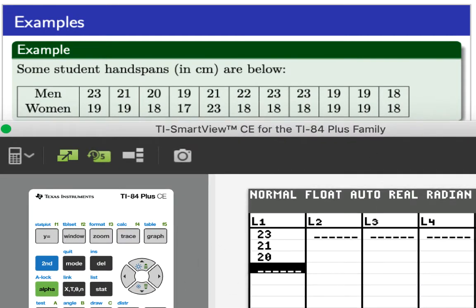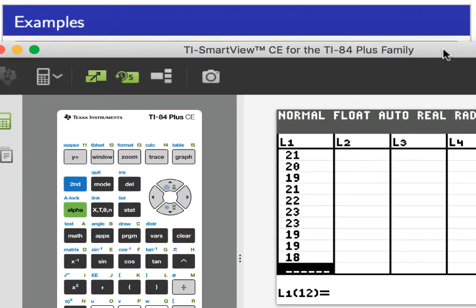Please, guys, go ahead and start entering the values too. 19, enter. So I have 23, 21, 20, 19, then 21, 22, now 2 times 23, 2 times 19, 1 times 18. So we've got all the 11 values here for the men folk.